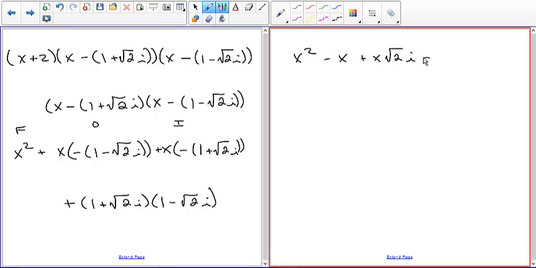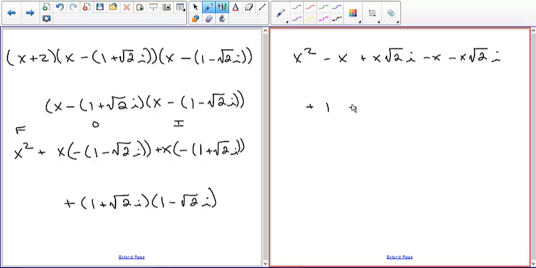So that's negative x again. Then the last part: you have x times negative times positive square root of 2i. So that ends up being positive x square root of 2i. This becomes negative x square root of 2i. And then the last part, you've got 1 times 1, which is 1. You've got plus square root of 2i times 1 and minus square root of 2i times 1.